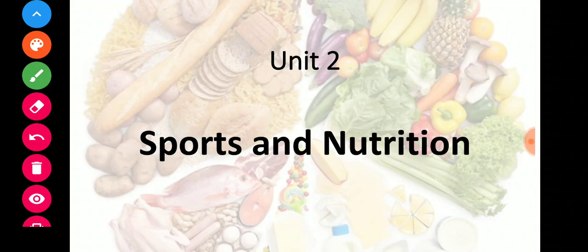Here in this chapter, we will learn about sports and nutrition. Nutrition also requires very nice planning so that we can have a balanced diet to build up our body as well as keep ourselves away from diseases.